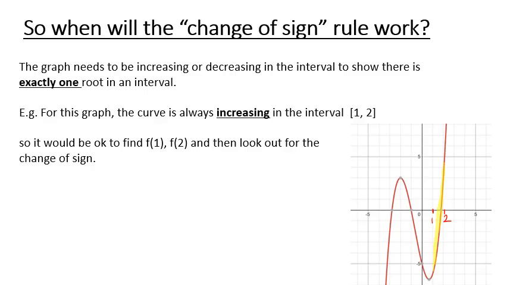It doesn't turn, it's always going in the same direction. So if we substituted 1 and 2 into the function, and one gave a positive answer and the other gave a negative, then it would be perfectly correct to say that a change of sign means that there is exactly one root.